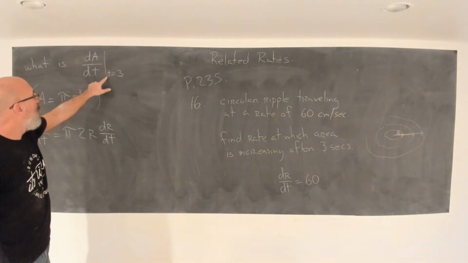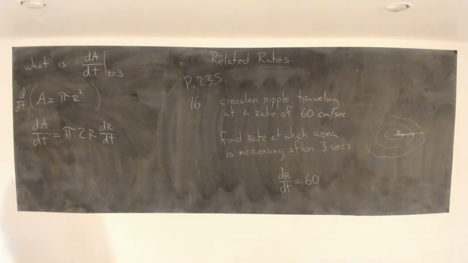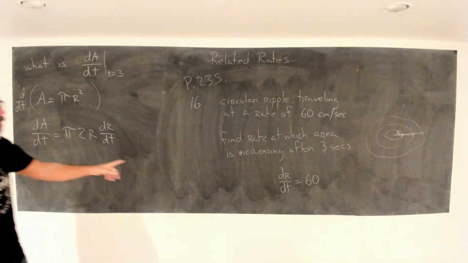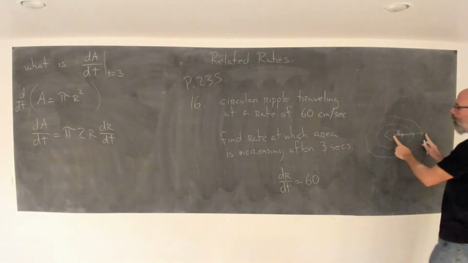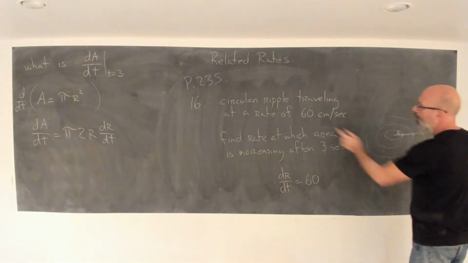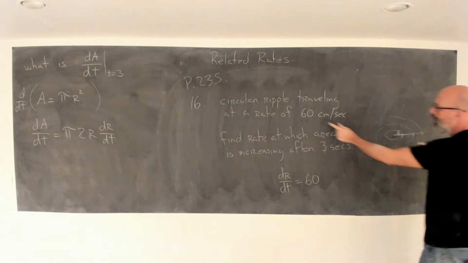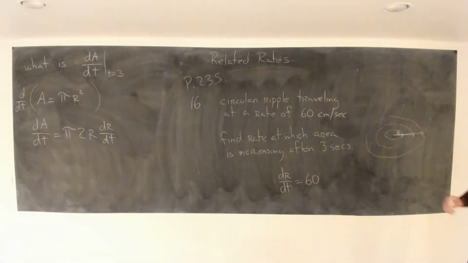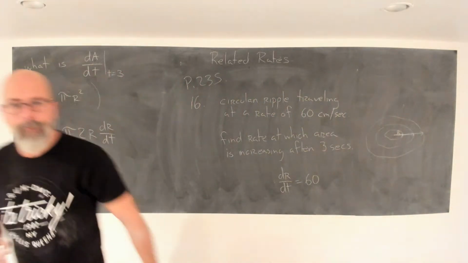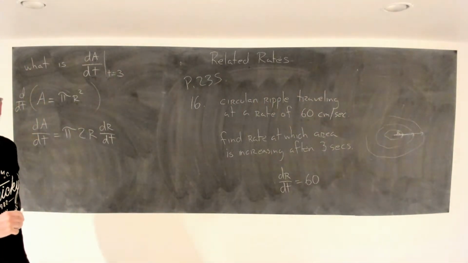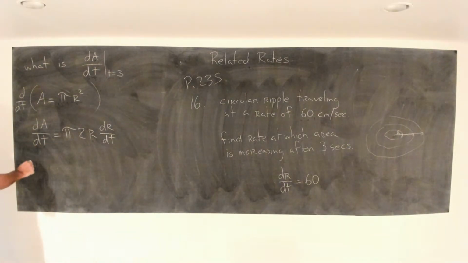So, the rate of change of A with respect to t when t is 3. And when t is 3, well, what is the radius? After 3 seconds, if the radius is increasing at a rate of 60 centimeters per second, the radius will be 180 centimeters, absolutely.